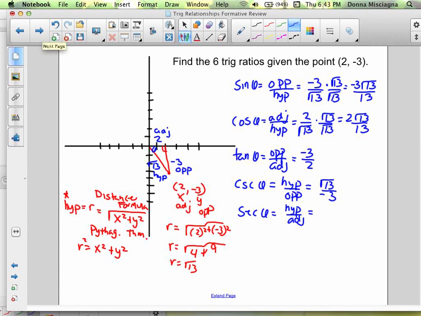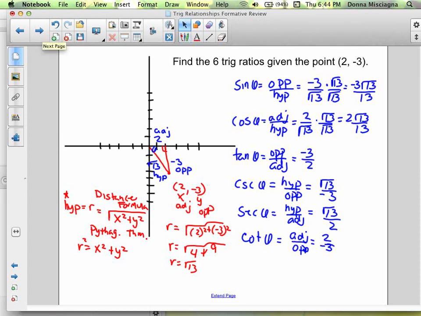So that's just going to be the square root of 13 over 2. And then cotangent theta is adjacent over opposite. So the adjacent side is 2 and the opposite is -3. It's the same as the reciprocal of tangent.